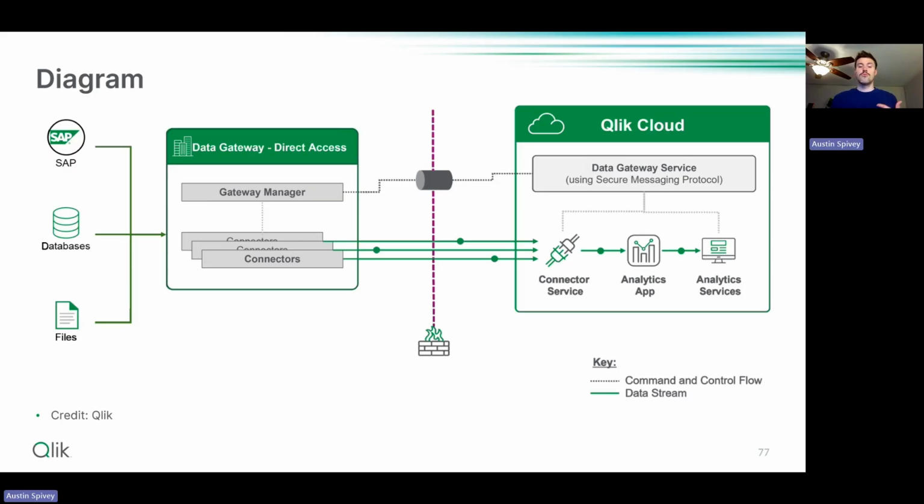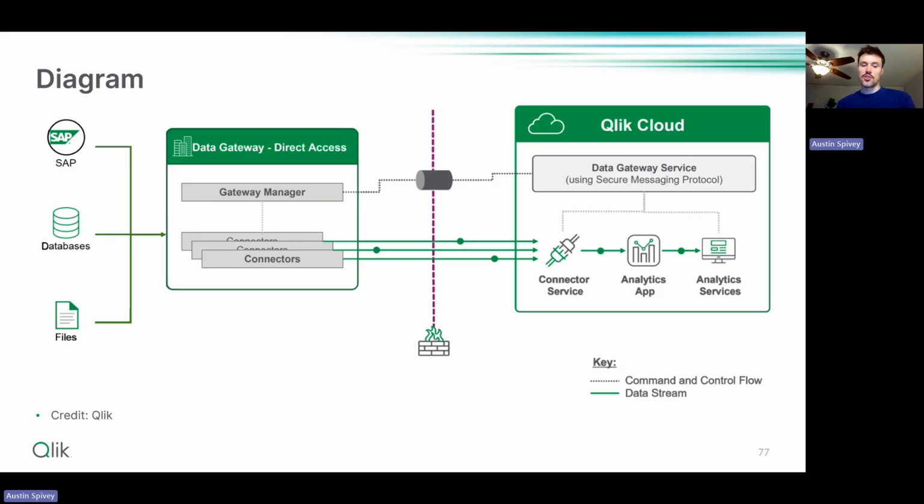But the real important aspect of this is, again, being able to go safely into your environment and have these connections to your databases, your flat files, and even other larger enterprise systems like SAP, for example.